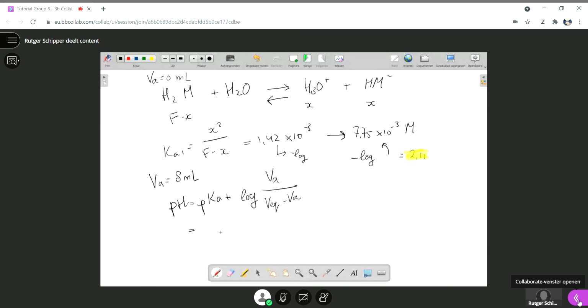So I think you messed something up in the calculator. At least it's 2.85 plus the log value of the volume that we add. So in this case, it's 8 divided by the first equivalence point, 25 minus 8.